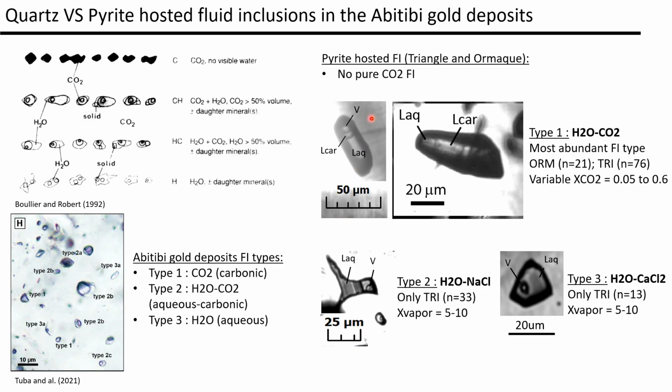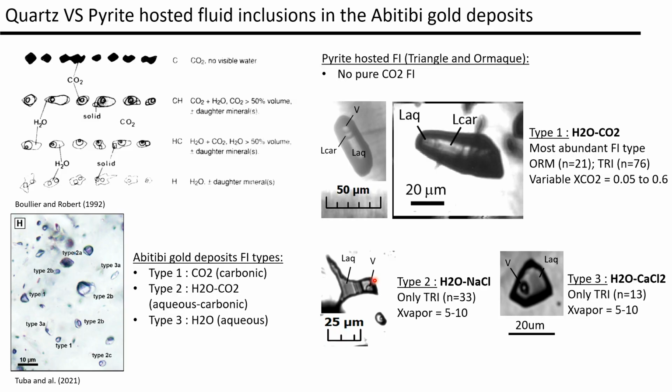First of all, we have no pure CO2 fluid inclusions in Triangle and Ormaque. So my type 1 is the aqueous-carbonic fluid inclusion. It's the most abundant, with 96 fluid inclusions in both deposits, and they have a variable CO2 content. Then we have aqueous-salt fluid inclusions.